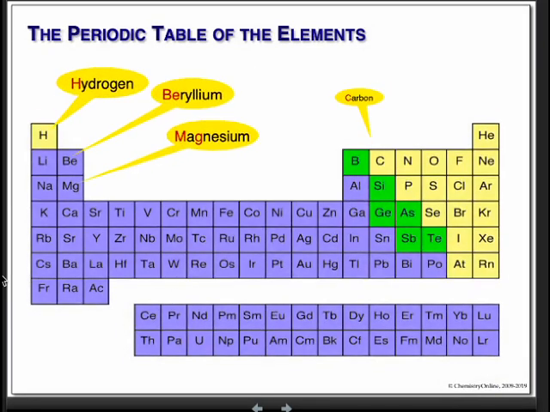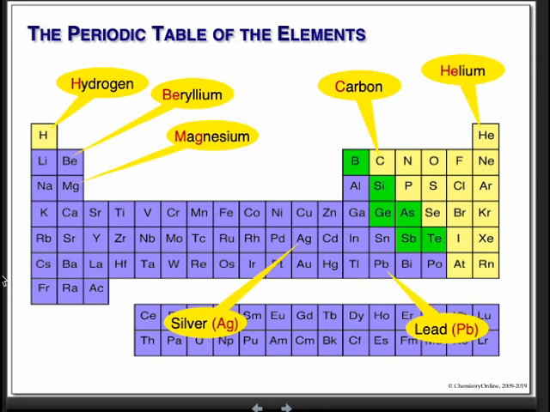This is a simple periodic table, and again, we do H for hydrogen, Be for beryllium, Mg, magnesium, carbon, silicon, He for helium, Ar is argon, krypton, neon, fluorine, chlorine, bromine, iodine, common ones, but there are ringers at the bottom here.